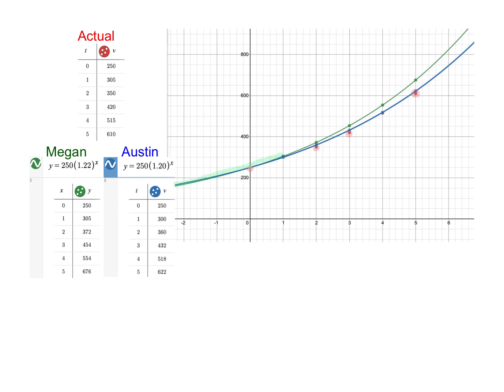You can see her curve. Then we have Austin's, which was our equation too, in blue. Which one looks like a better curve of best fit? I would say the blue one, it's definitely closer to the red points. So this is a better model for my exponential function.